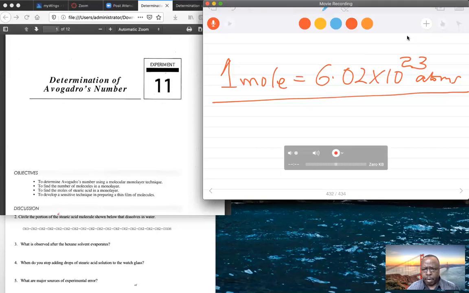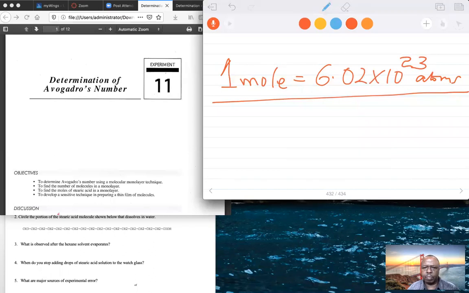An Avogadro number of things is called a mole. So if I have 1 mole of students, I have this number of students in my class, whatever you are counting.